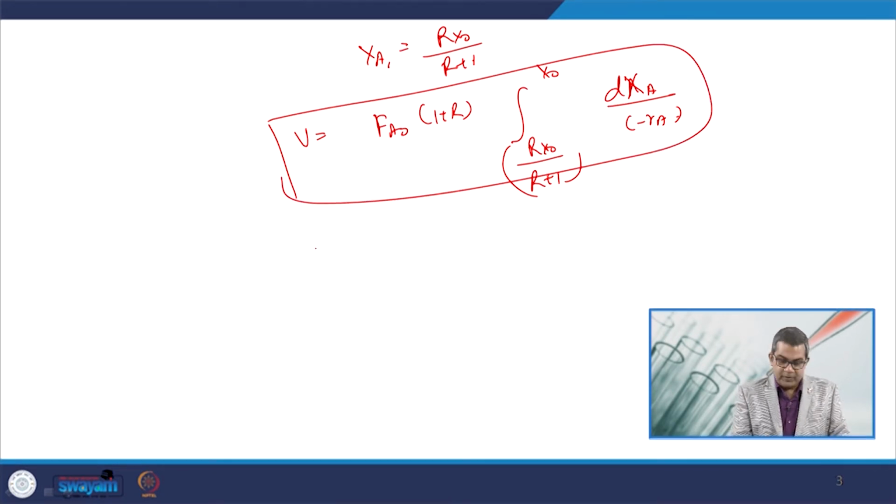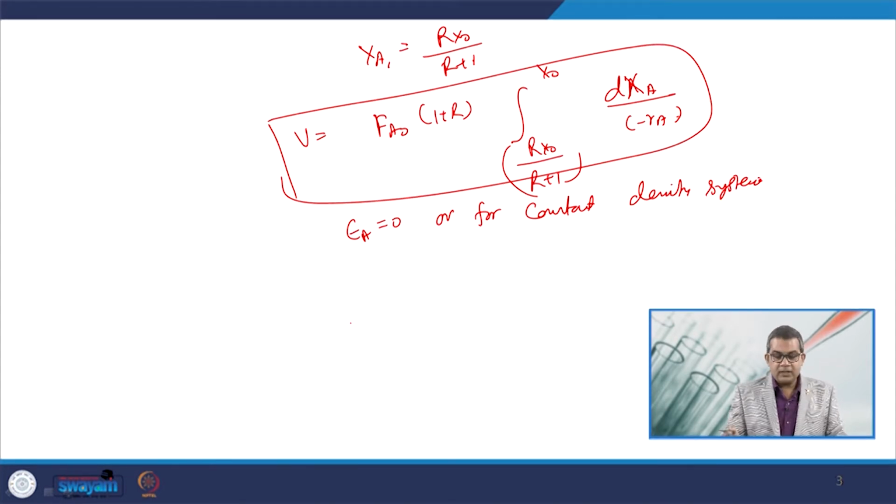Now, for a special case when epsilon A is equal to 0, or for a constant density system, it can be represented with respect to the concentration term.